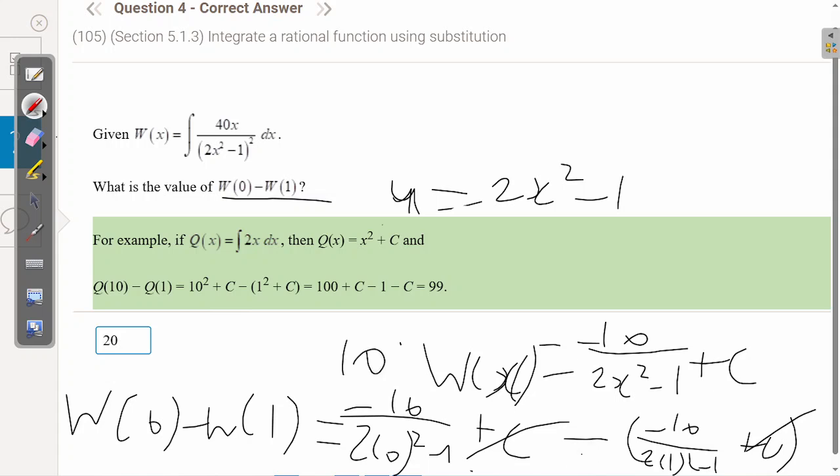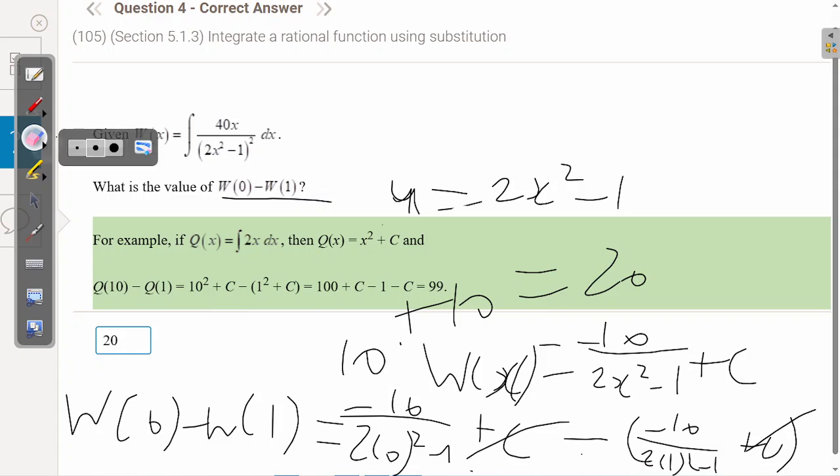Minus will be plus, so negative 10 over 2 will be negative 20, it will be 10 plus 10 equals 20. Okay, or you can just do this on the calculator. Yeah, so you're going to get 20.